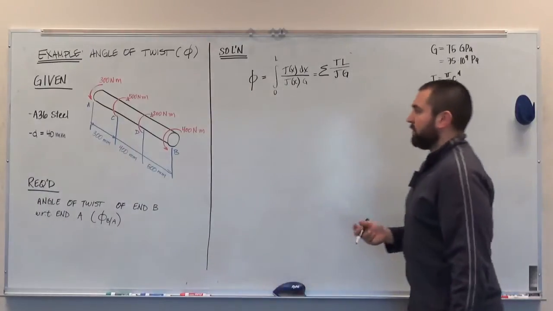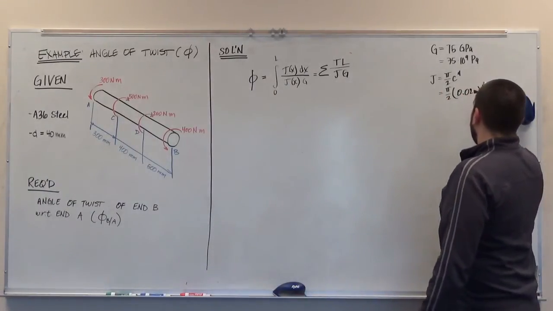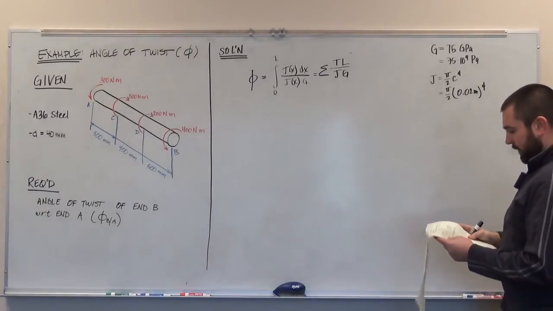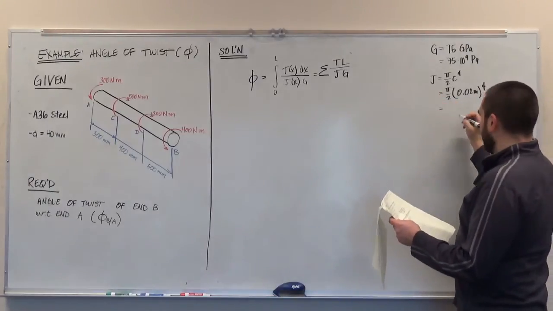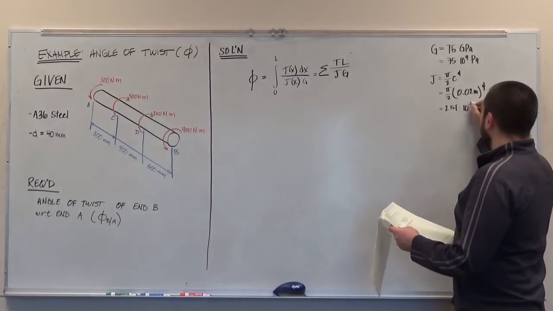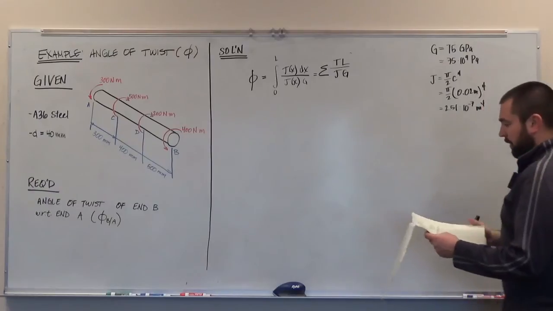So it's going to be 0.02 meters. And we'll take that to the 4th power. I don't know if I have that tabulated here or not. I do. The polar moment of inertia for all of these sections is going to be 2.51 times 10 to the negative 7th, and that'll be in meters to the 4th.